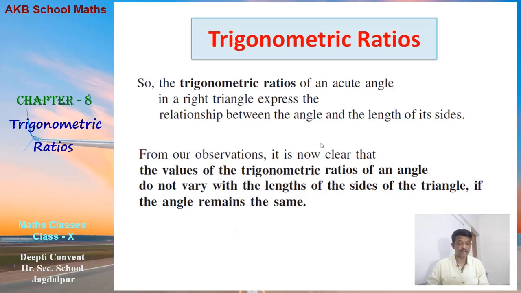Means the angle stays the same, and even if you increase the side by any amount, there is no difference in the ratio. So remember the inverse relation and the ratios, and we will use this to solve exercise 8.1. So see carefully and note down.